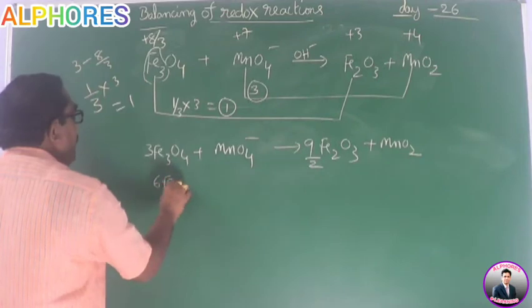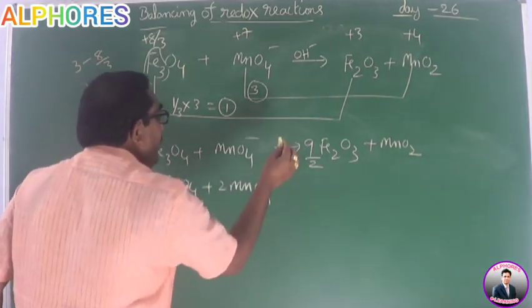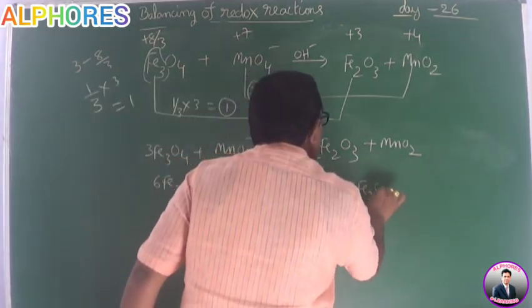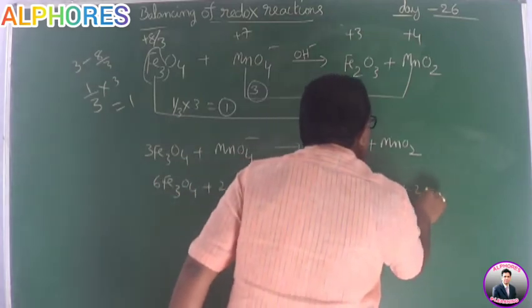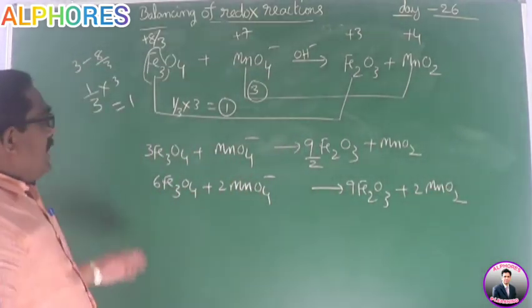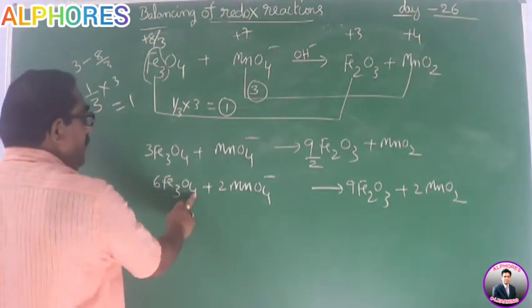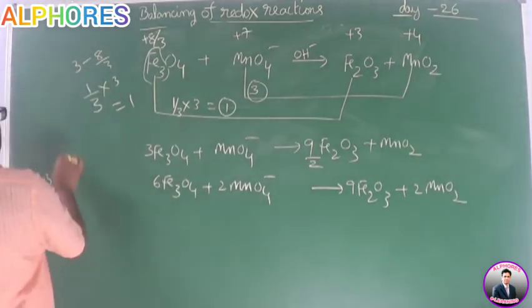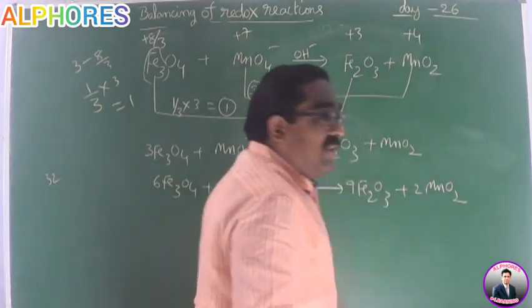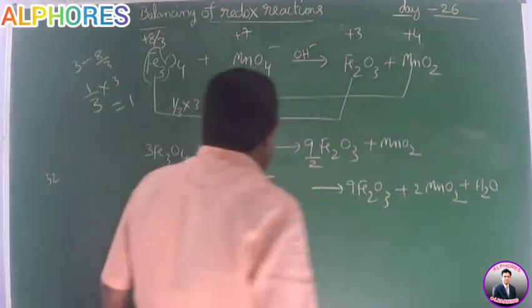So 6 Fe3O4 plus 2 MnO4 minus gives rise to 9 Fe2O3 plus 2 manganese dioxide. Now let me calculate oxygens on both sides first. 6 into 4, 24 plus 8, 32. Here 9 threes are 27 plus 4, 31, 1 less. So add 1 H2O here.